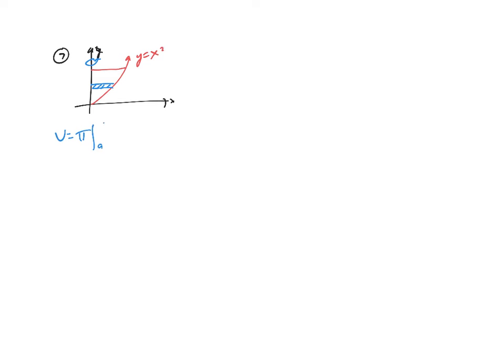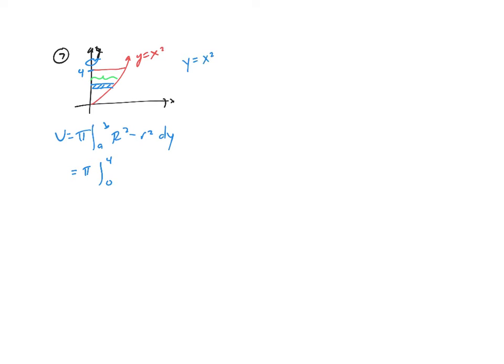So pi, a to b, r squared, but dy. So pi, our y values are now 0 to 4, because this guy up here is 4. Big R is the distance from the axis of revolution to the far end of the rectangle, and that's being given by our function, by our parabola.